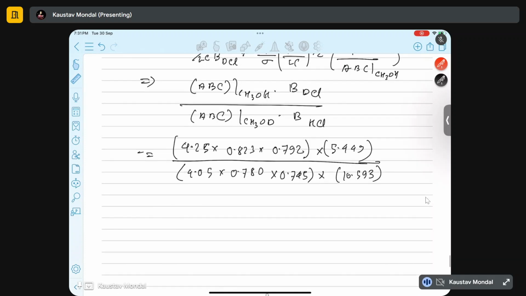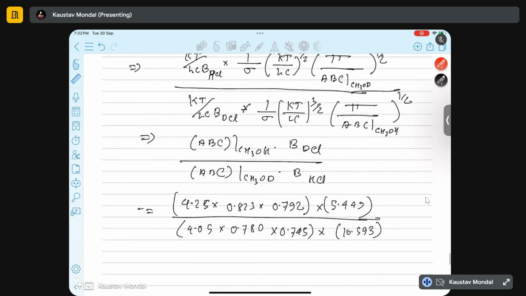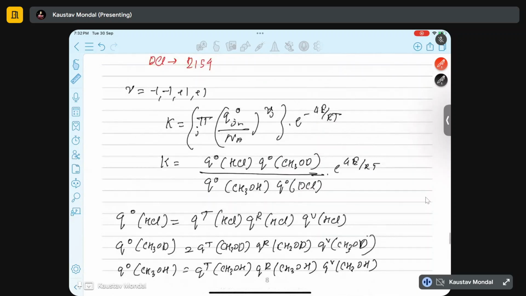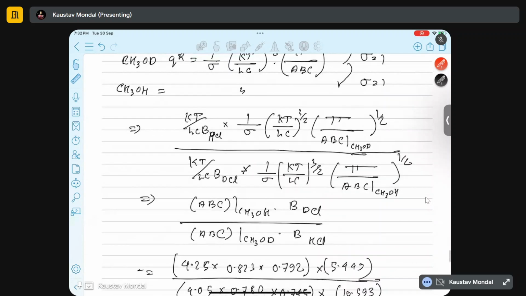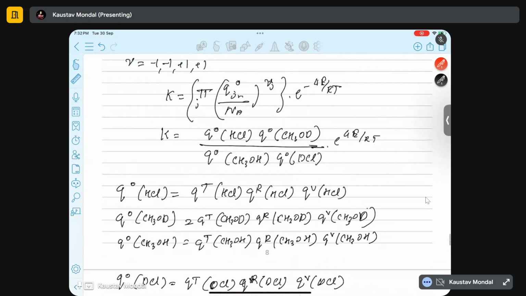You have to multiply all of this, which gives you some number. This thing is basically the contribution coming from the rotational part to the partition function, the rotational contribution to the equilibrium constant.